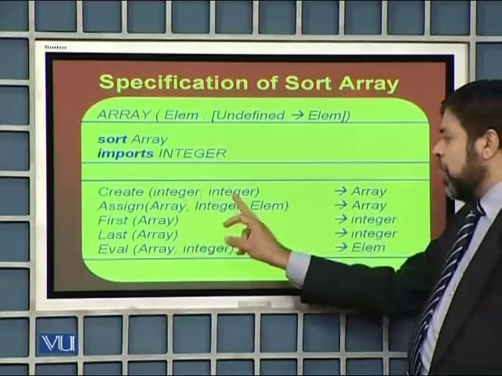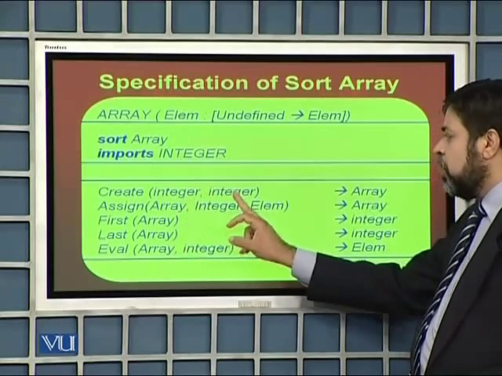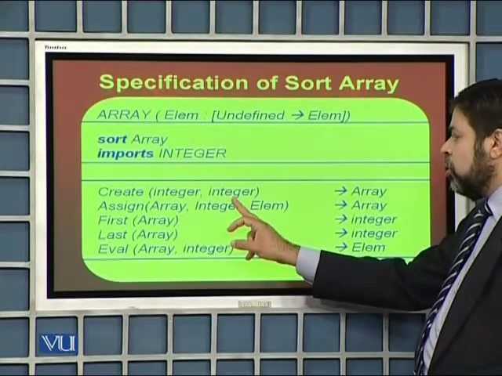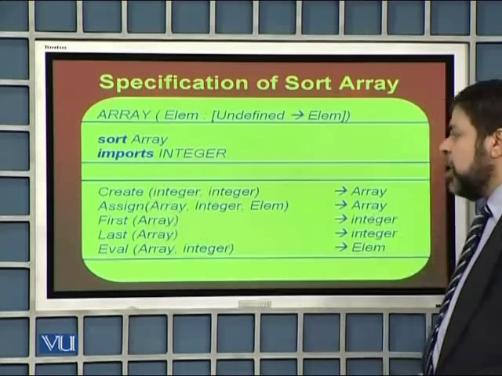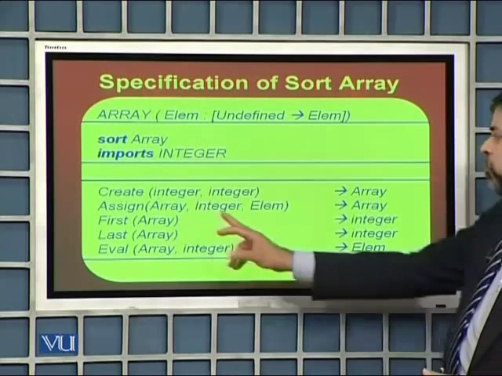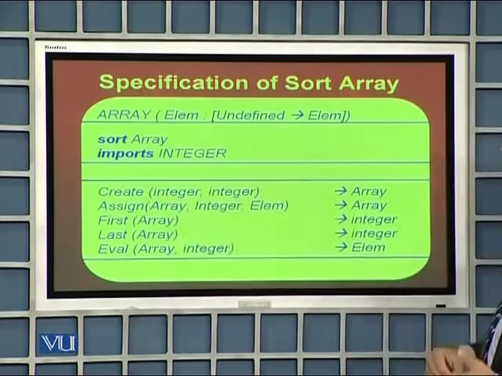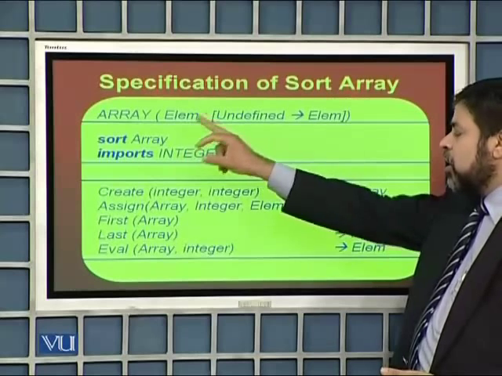So these 2 parameters are the starting index. The first one is going to be the starting index, and the last one is going to be the last index in the array. For example, I can say create an array with indices from 1 to 10. So I will have 1 here and 10 here, and it will create an array for the type of element that I give here.